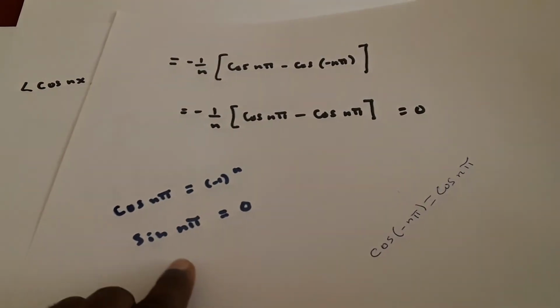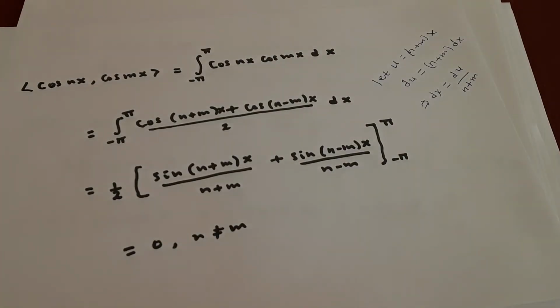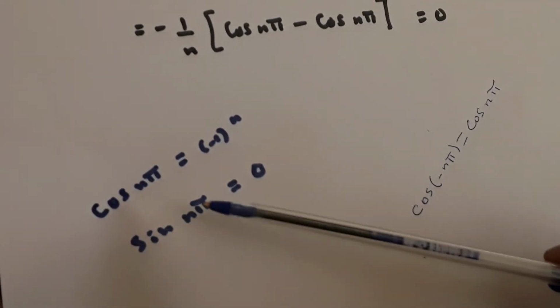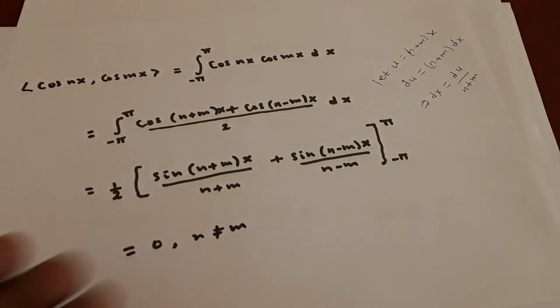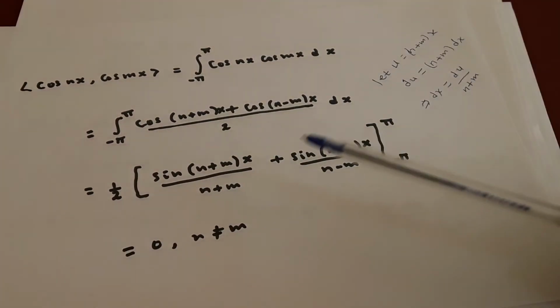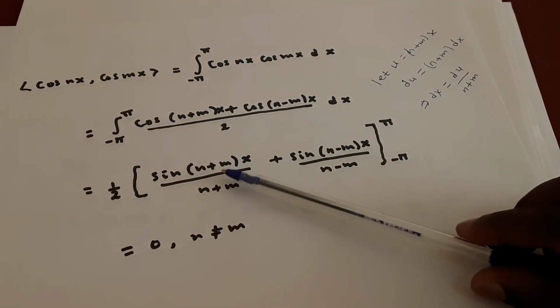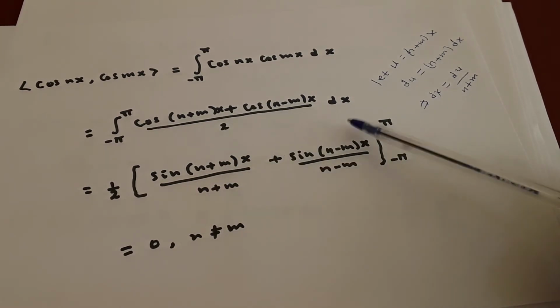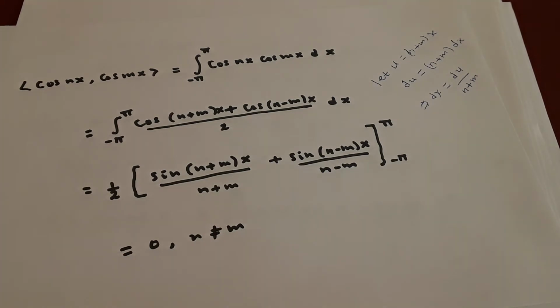Sine n pi is 0 for any integer. Because n is an integer and m is an integer, n plus m is an integer, and n minus m is an integer.